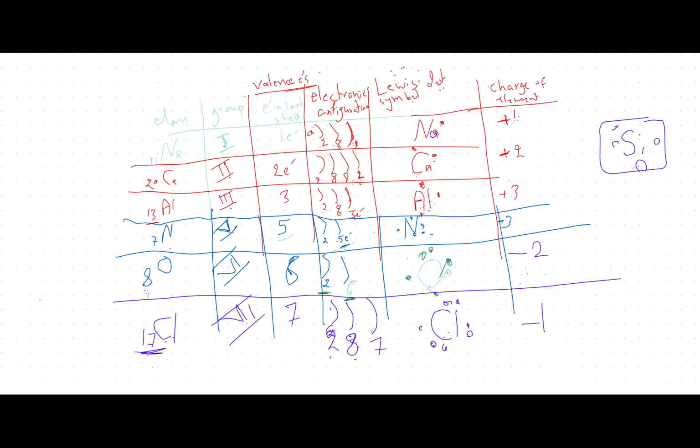I will ask you another one here. Iodine. Lewis dot symbol. Iodine, about 7. 7. Very good. You get it. Okay.